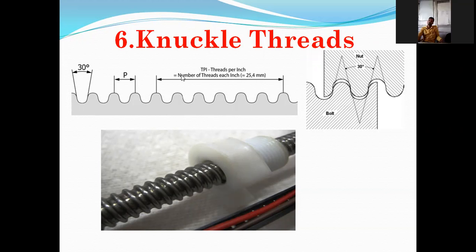And what is the angle of the thread in this case? How much angle is it having? 30 degrees. You can see 30 degrees is the angle, and it is used mainly for plastic components.